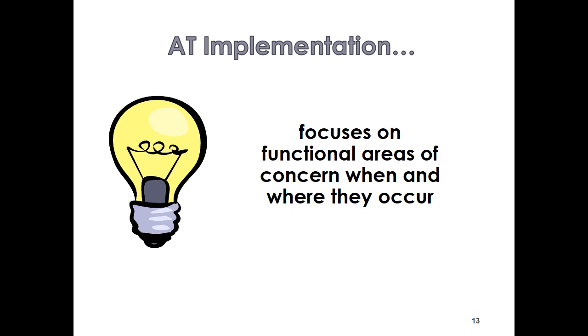AT implementation also focuses on functional areas of concern and when and where they occur. So we're not looking at just the classroom for a use of assistive technology in order to gain access to a textbook. We're really looking at, okay, that might be a good tool for that individual for that specific task in that environment, but we also have to look at other areas of concern where that individual needs that for their functional performance.